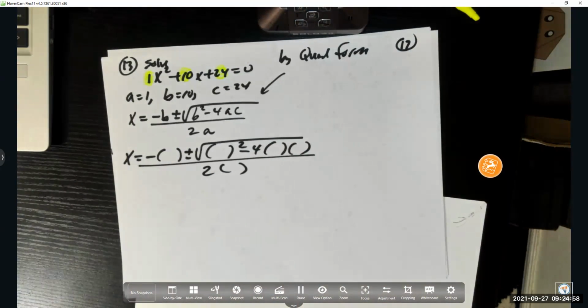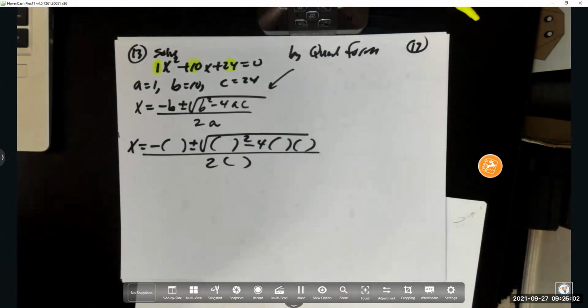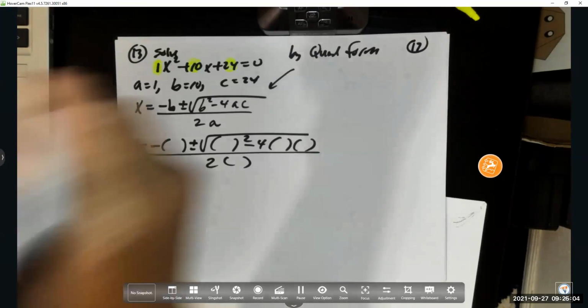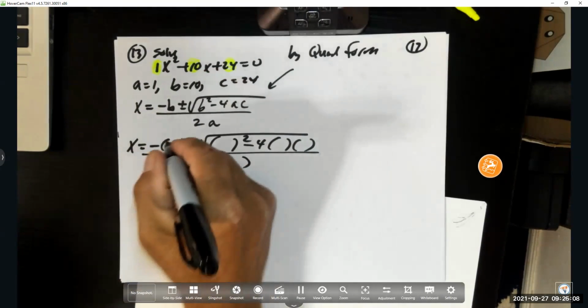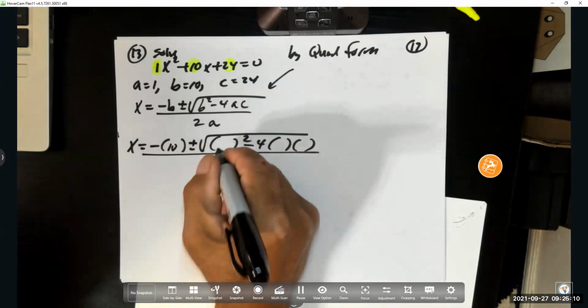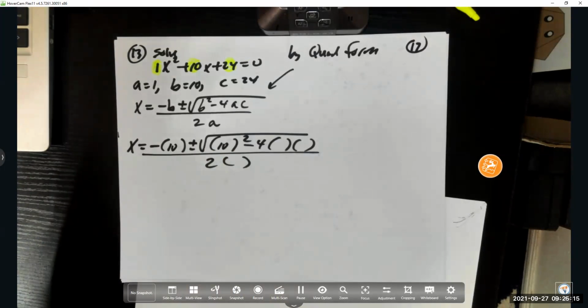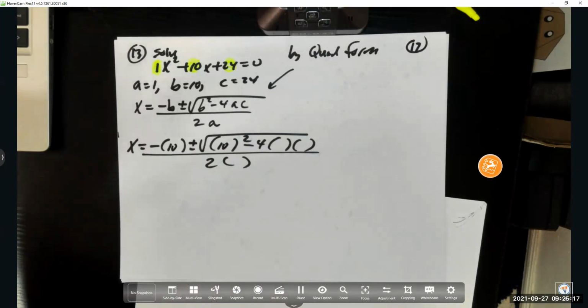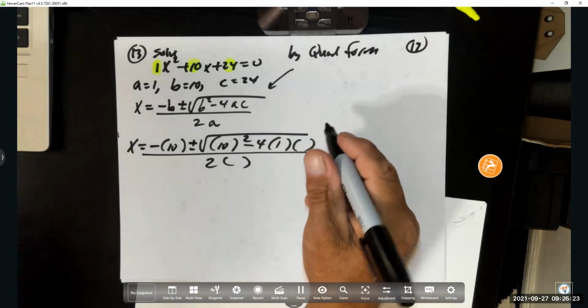Now, Tommy, what is letter B? What is letter B? Tell me. 10. Put a 10 inside here, and put a 10 inside here. What is letter A? A is 1. What is letter C? 24.